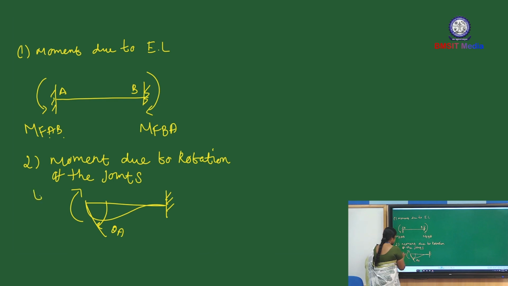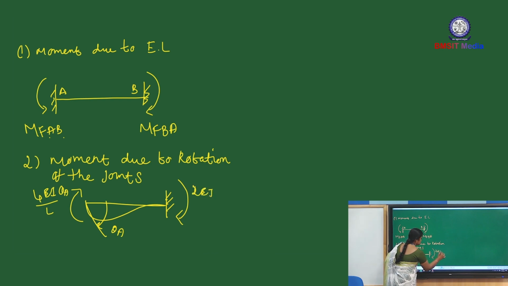So that is 4EI divided by L theta A. Far end also some of the moment will be developed due to the rotation at the nearer end. So here 2EI divided by L theta A. So this is moment due to rotation of the joints.